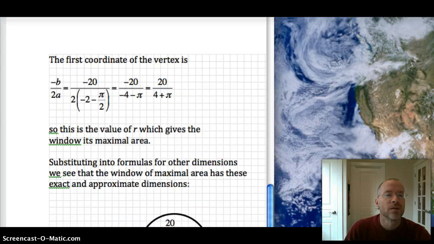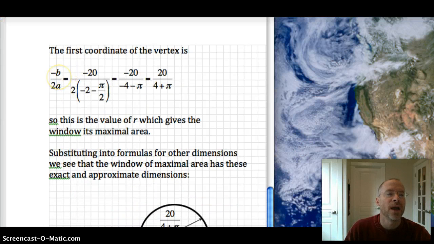The first coordinate of the vertex is the opposite of b over 2a, and I'm plugging that in here. There's my a. The opposite of b is the opposite of 20. Then I'm just simplifying a little bit to get this in the cleanest form.